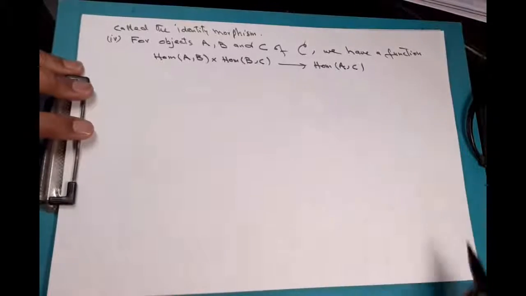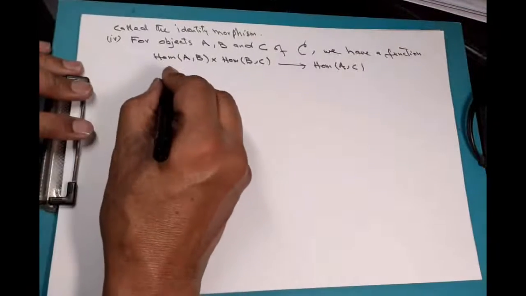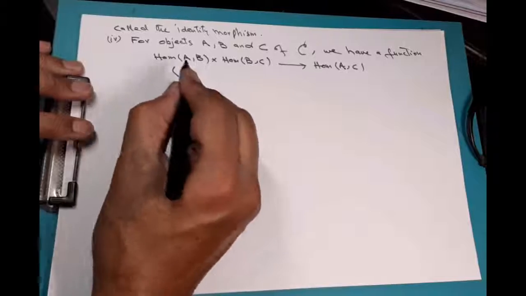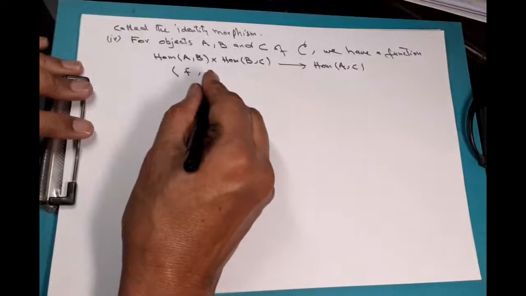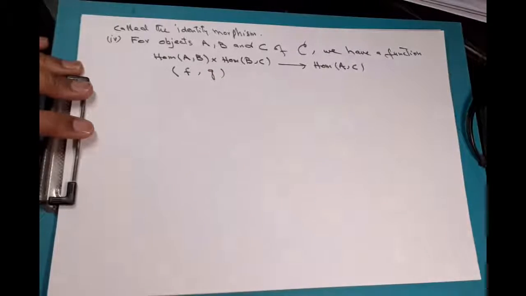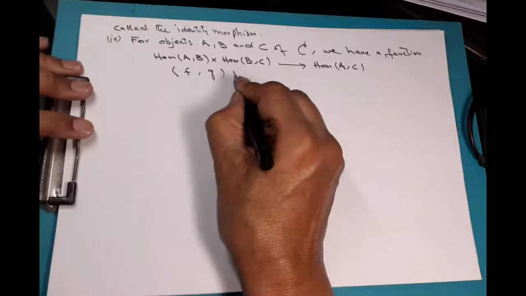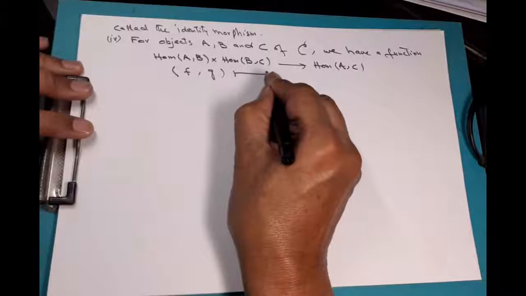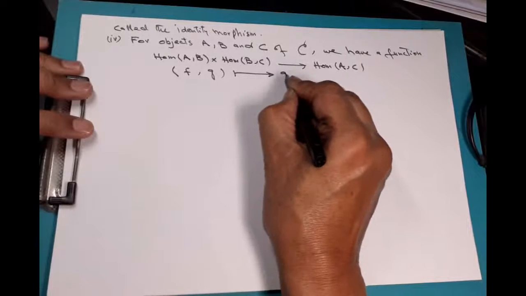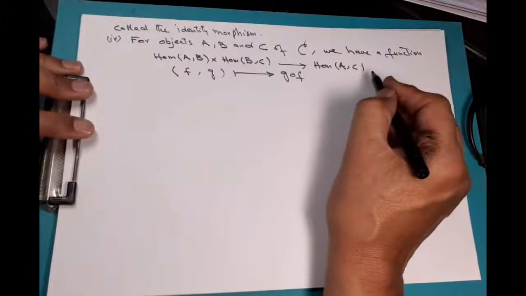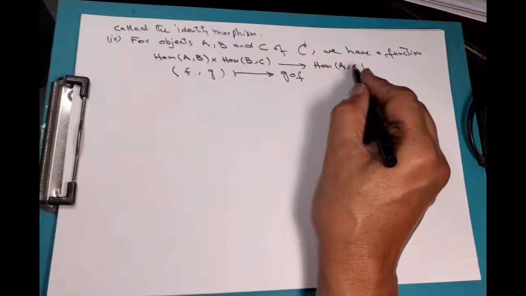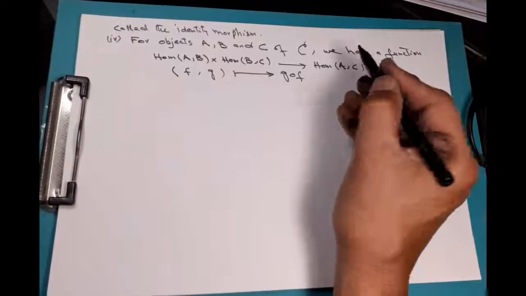And what we are going to do is that if F is a morphism from A to B and G is a morphism from B to C, then this ordered pair is going to be assigned G circle F, which is composition of these two morphisms, and that is morphism from A to C.